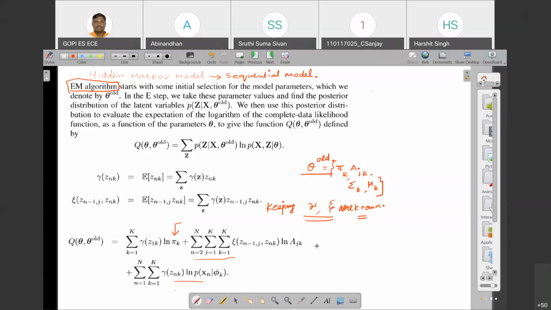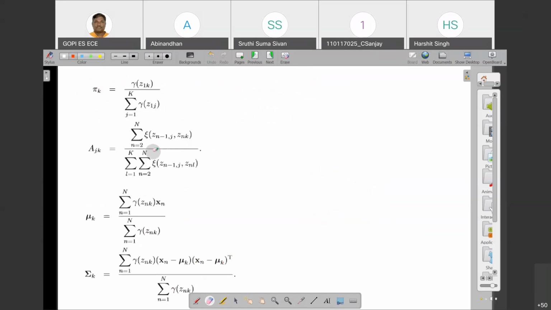Of course, the constraint will come into play here, so we have to introduce that constraint also, using the Lagrange technique, and then differentiating with respect to pi k, you get an expression for pi k. And this is what we call the expectation stage. What you see here is the result for that. This is what we call the maximization stage.